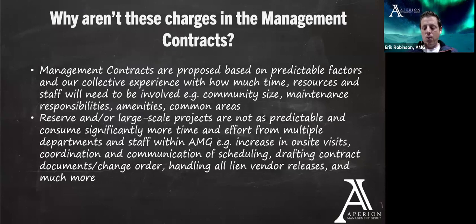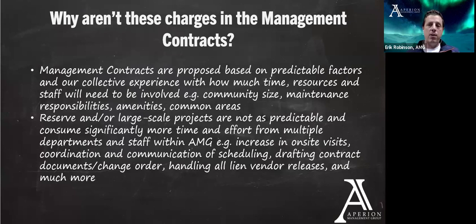It'd be hard to know, when we're bidding a management contract for a new community association, that 2.5 years from then they're going to have to undergo a major siding replacement, which is going to consume a huge amount of our team's time that was not part of what we signed up for in that contract, which outlines that we're going to manage your annual maintenance vendors, right?